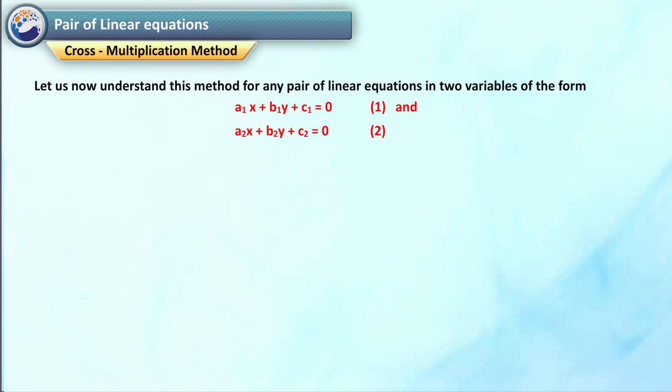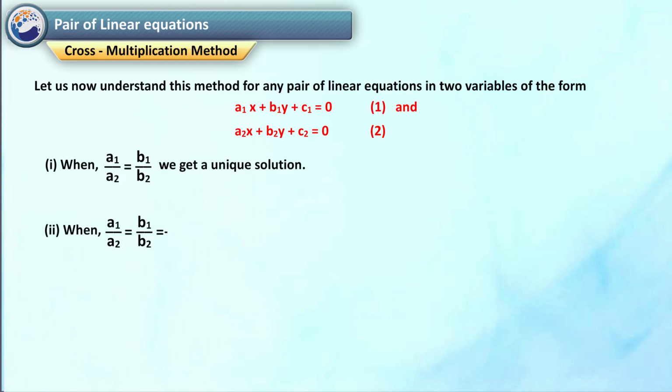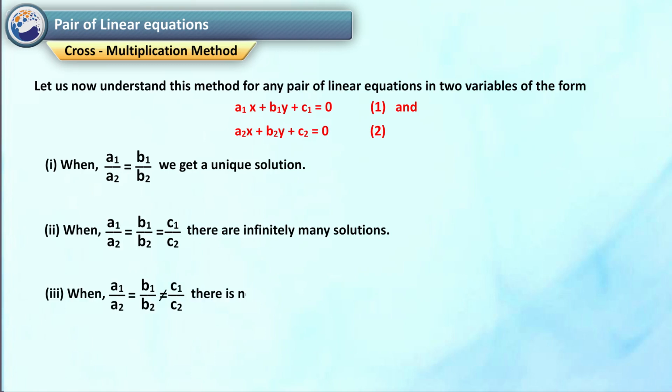Equation 2. 1. When a1 upon a2 is not equal to b1 upon b2, we get a unique solution. 2. When a1 upon a2 is equal to b1 upon b2 is equal to c1 upon c2, there are infinitely many solutions. 3. When a1 upon a2 is equal to b1 upon b2 is not equal to c1 upon c2, there is no solution.